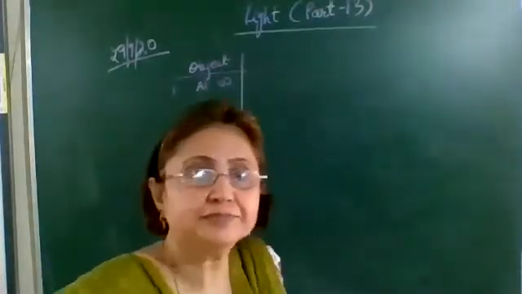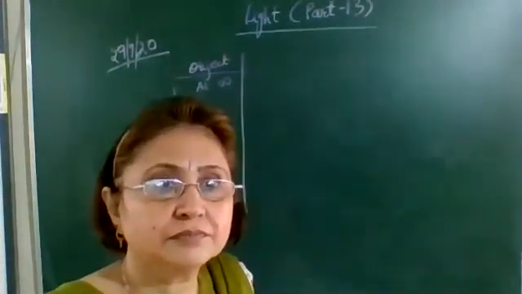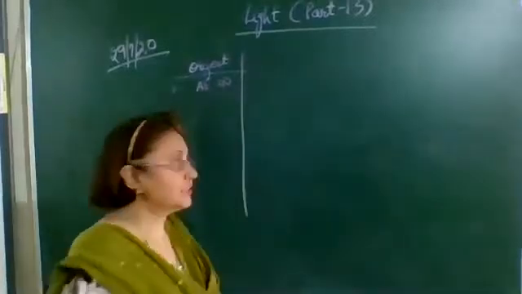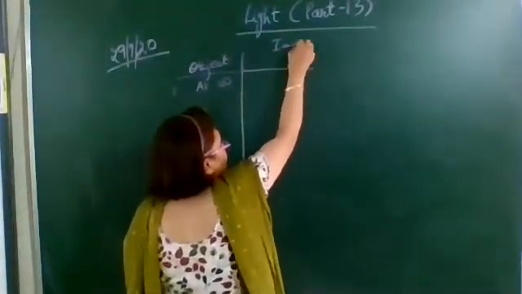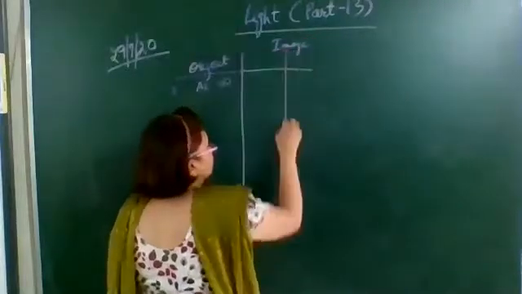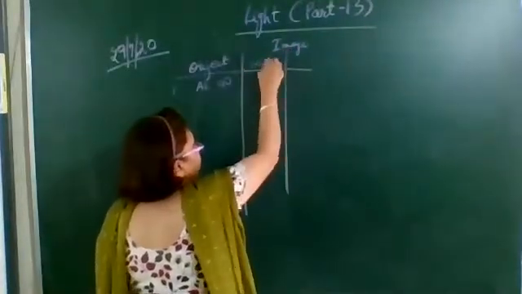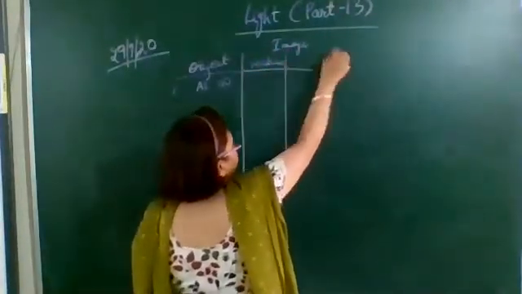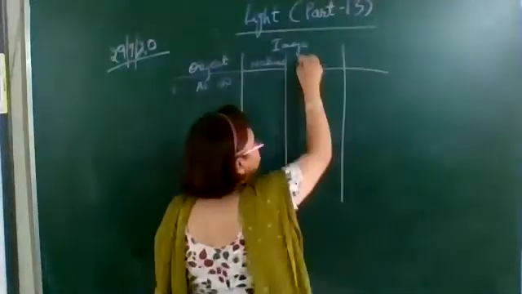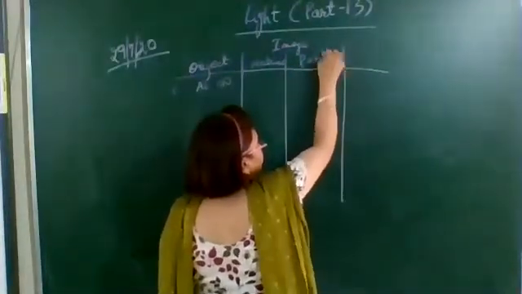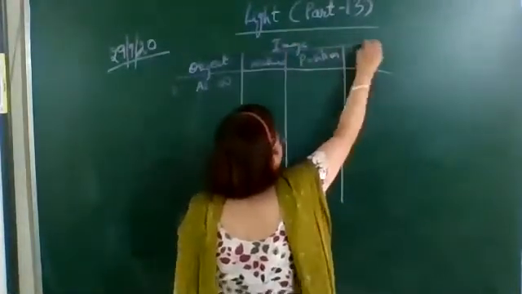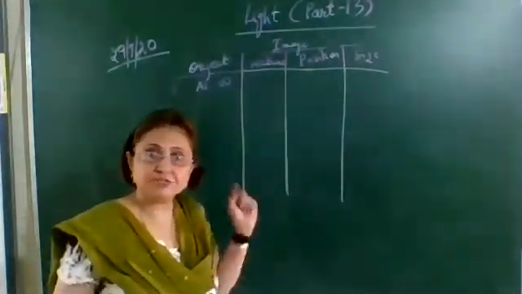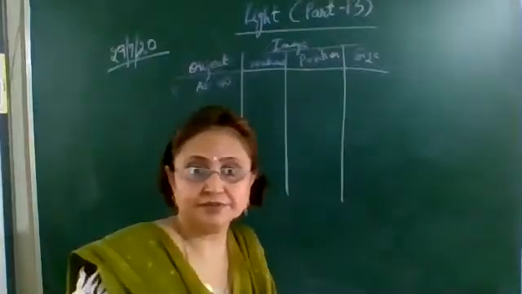Then, the 3 points about the image formation we have studied: first is the nature of the image, next is position of the image and about its size. Let's summarize the result of what we have studied about the image formation by a convex lens.